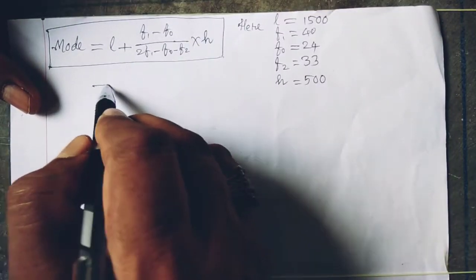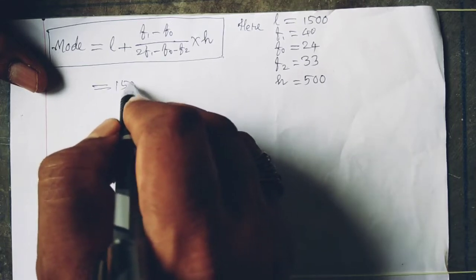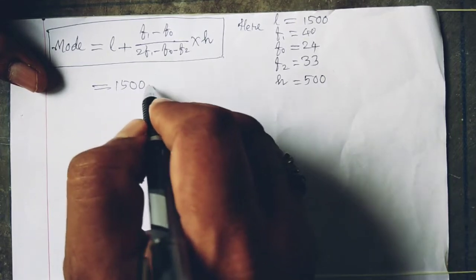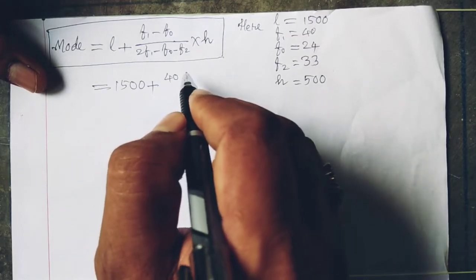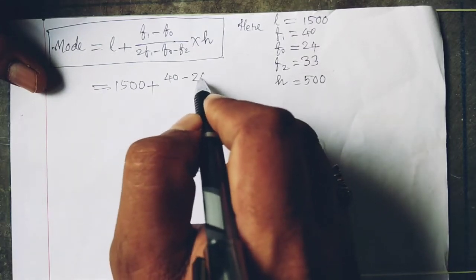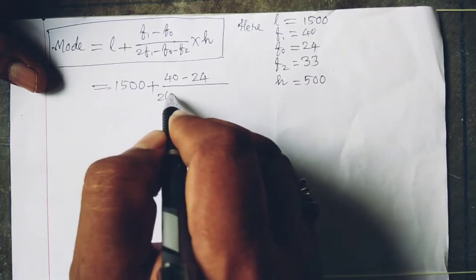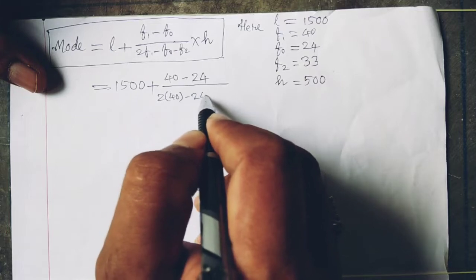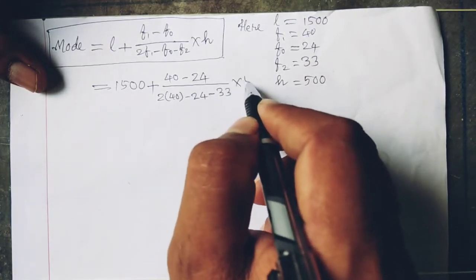Substituting in this formula: L is equal to 1500 plus (F1 40 minus F0 24) by (2 into 40 minus 24 minus 33) into 500.